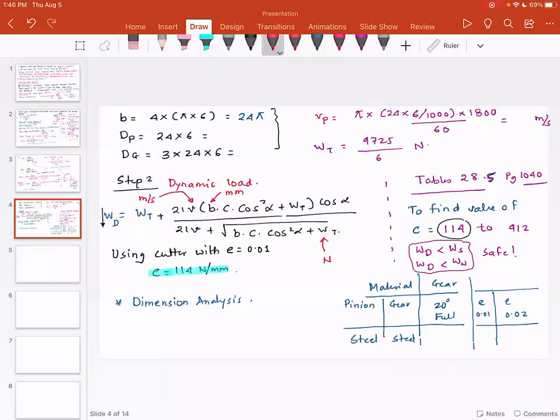And when you study dimensional analysis, there is something called the kinematic similarity. There is something called the geometric similarity. And there is something called the dynamic similarity. And dimensional analysis is a field in itself wherein you can study large systems by constructing small systems.